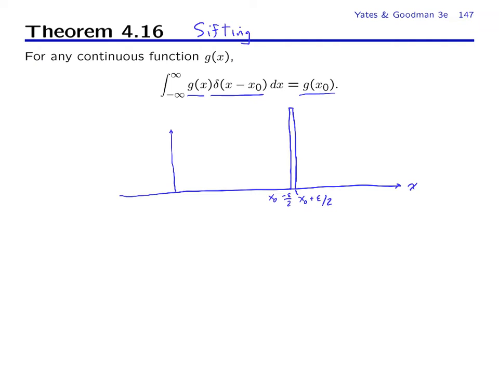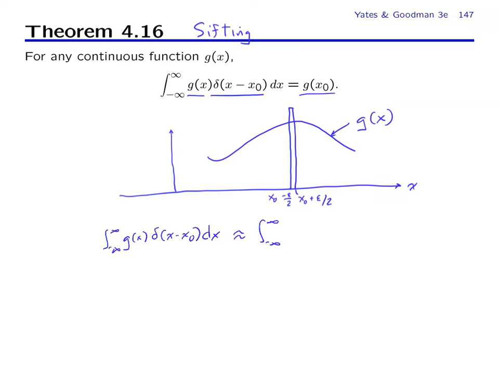Here's x, and this is maybe the function g of x, a nice, smooth, continuous function. What's happening here is that we have taken this integral, g of x, delta x minus x0 dx, and we've approximated it with the integral from minus infinity to infinity of g of x, delta epsilon of x minus x0 dx.